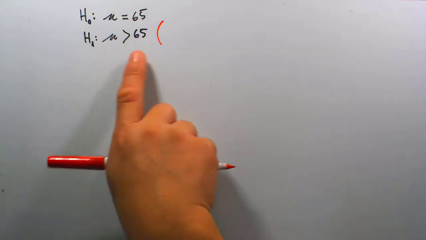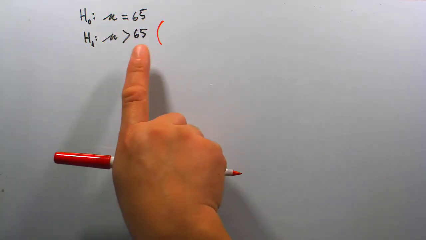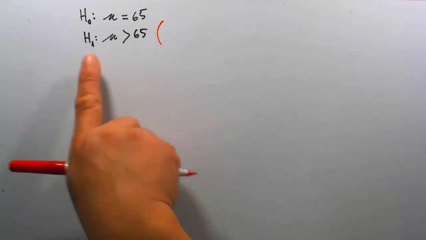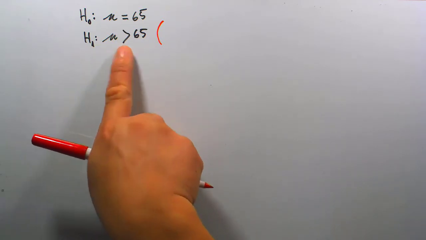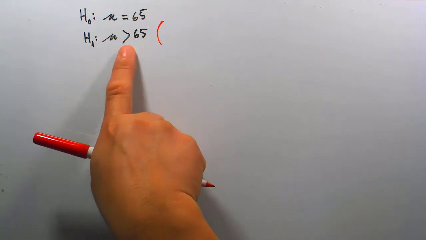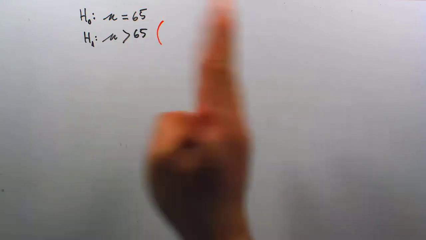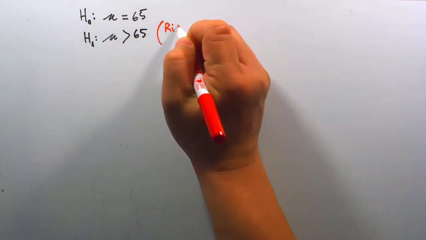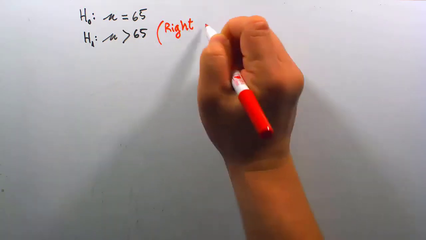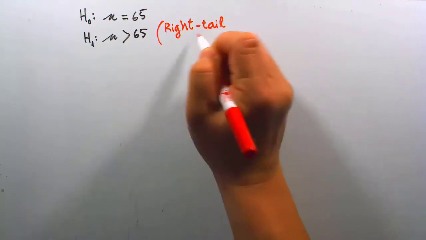For now, the statement in the alternative hypothesis says that mu is greater than 65, and notice how the inequality is pointing to the right-hand side. So the test we're about to use is going to be regarded as the right tail test.